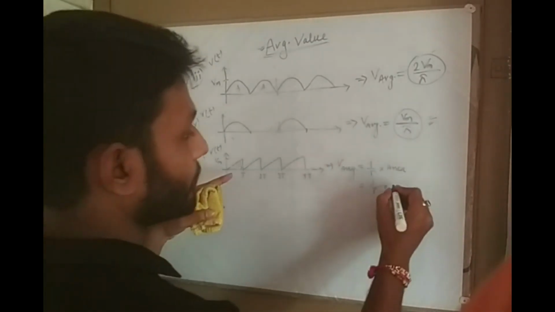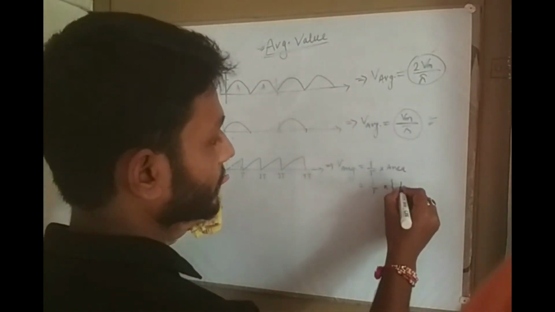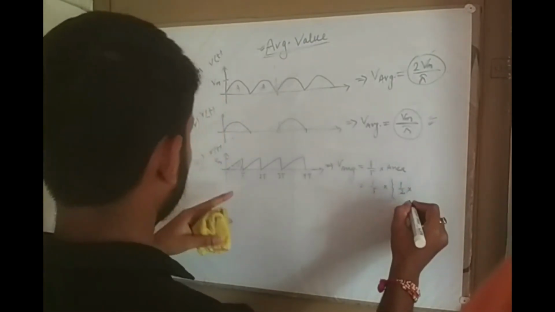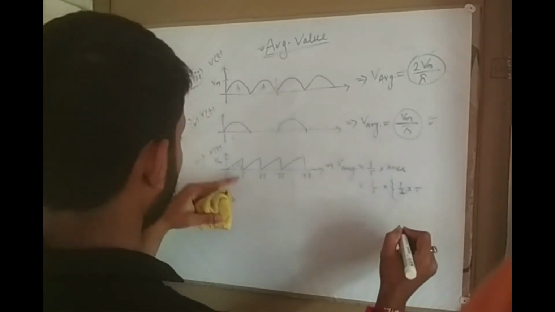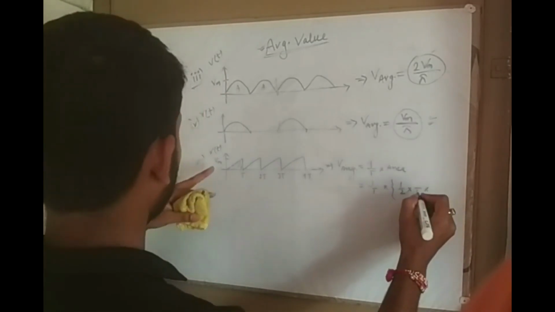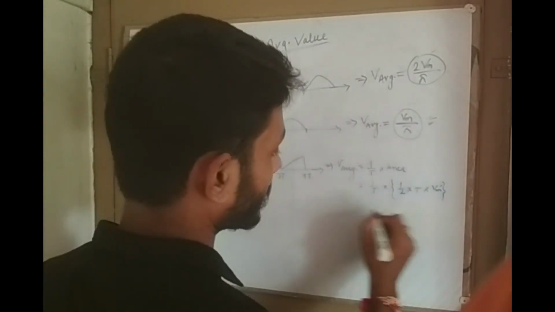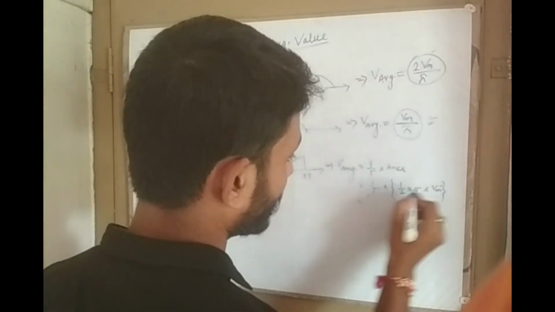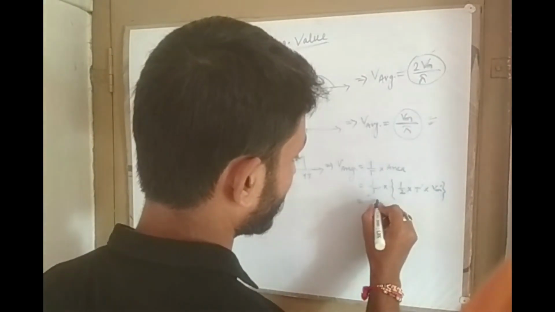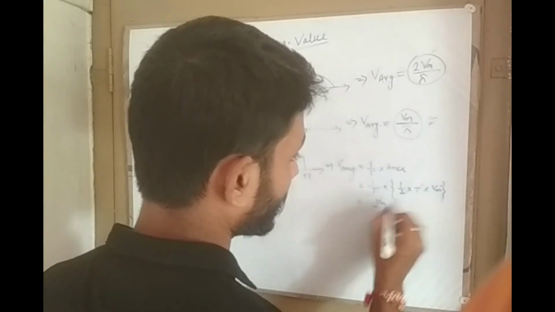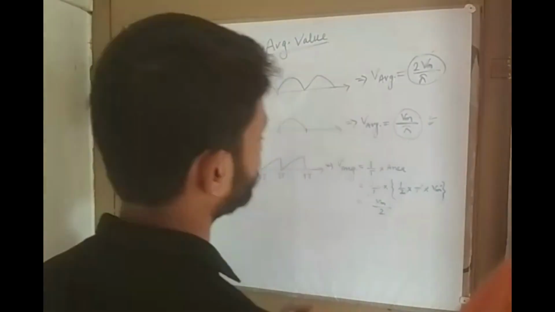Here the area of this triangle is half multiplied by T multiplied by the height Vm. So 1 by T cancels out, so it is coming Vm divided by 2.